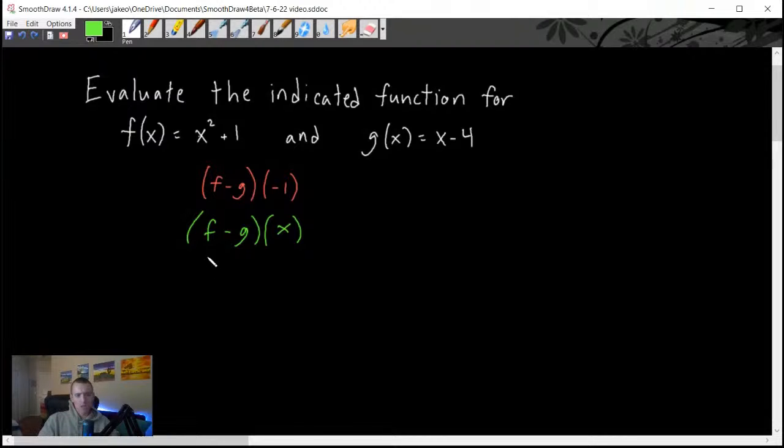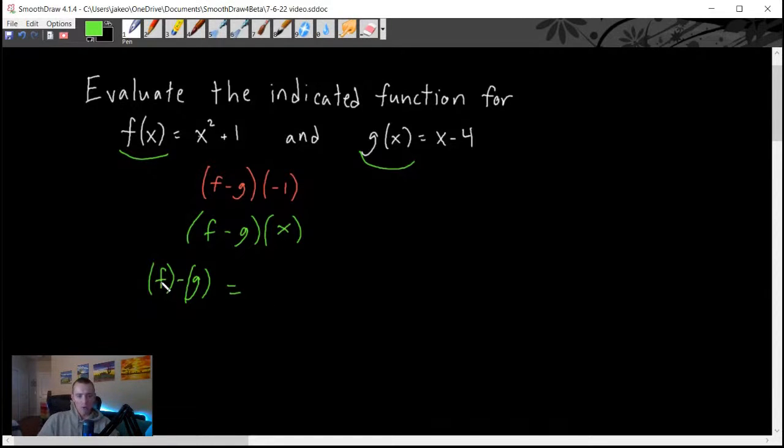So let's start there. F minus g. How do you find that? Well, you're essentially going to take this notation here, f minus g, and really all you're going to do is replace this f with whatever your function f of x is, replace this g with whatever your function g of x is, and that should tell you what the function f minus g of x is.